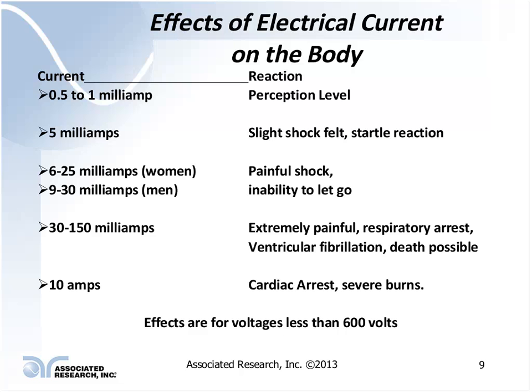It can cause respiratory arrest. It is extremely painful. Currents of 10 amps, pretty much, cause immediate cardiac arrest and severe burns. These values are really based upon voltage levels of around 600 volts or less. Where does some of this information come from?